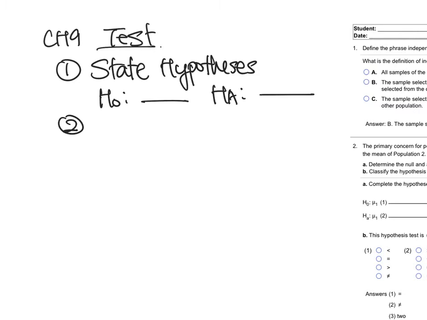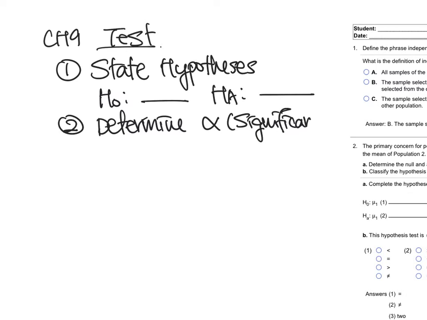And the second step, to determine the alpha. The alpha was the significance level. And step number 3, we take a test statistic.